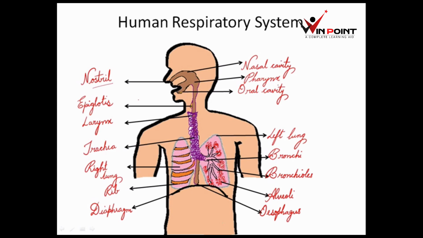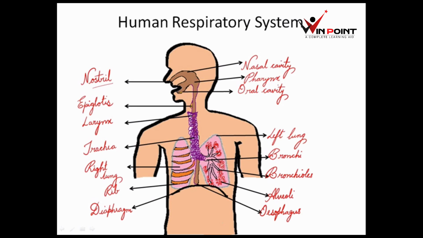Now let's understand the process of the human respiratory system. Air enters through the nostrils. The hairs and the mucus trap the dust particles in the nose. It then passes through the pharynx, larynx, trachea, bronchi and enters the lungs. The trachea has rings of cartilage which prevent it from collapsing when there is no air in the trachea.